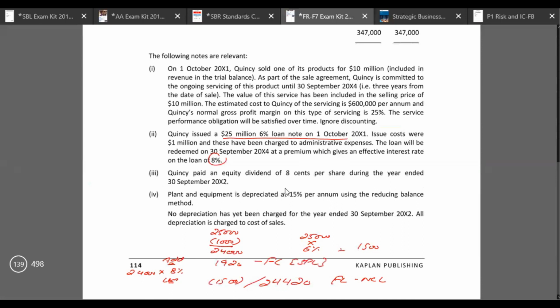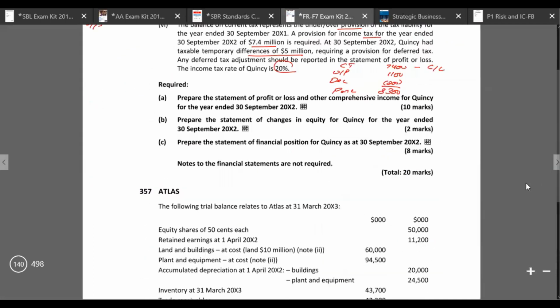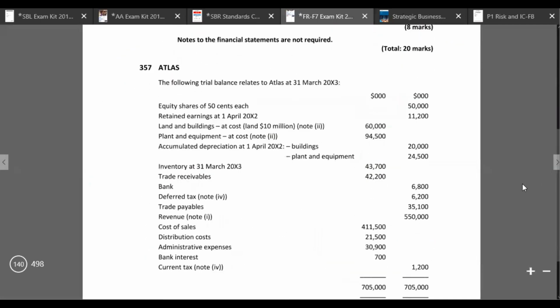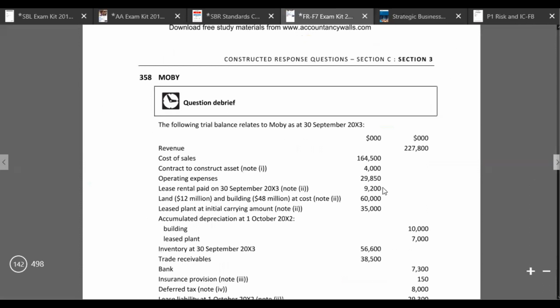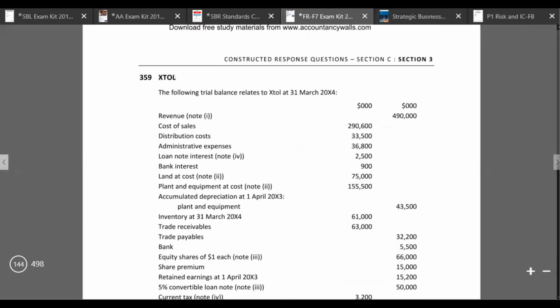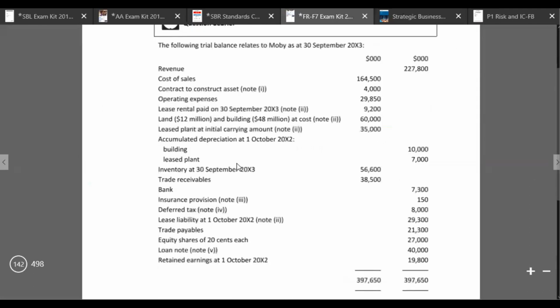So this was a simple question, Quincy, and this is how you're going to solve it in the exam. Okay, good. Then the next question is Moby.